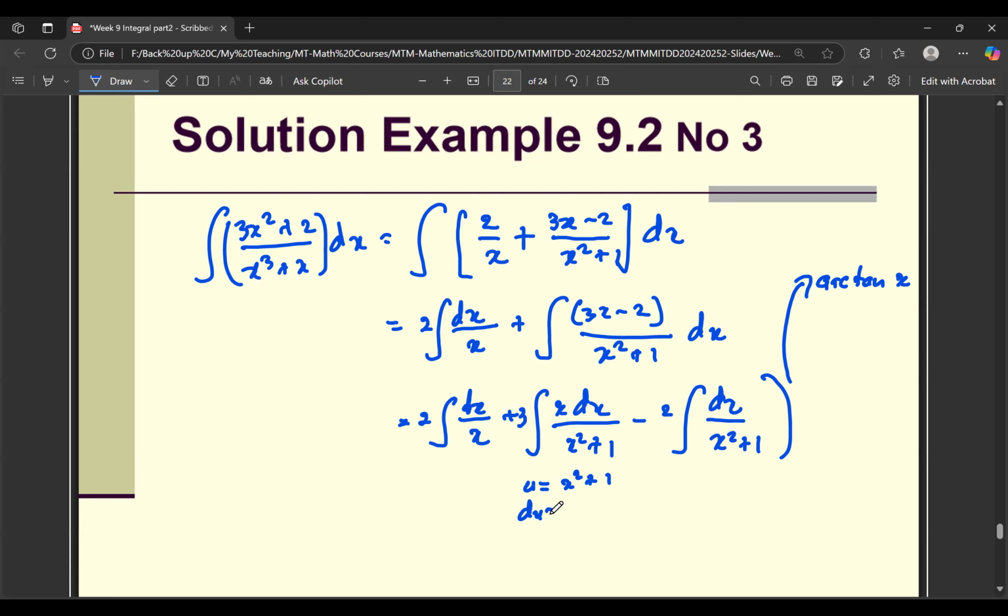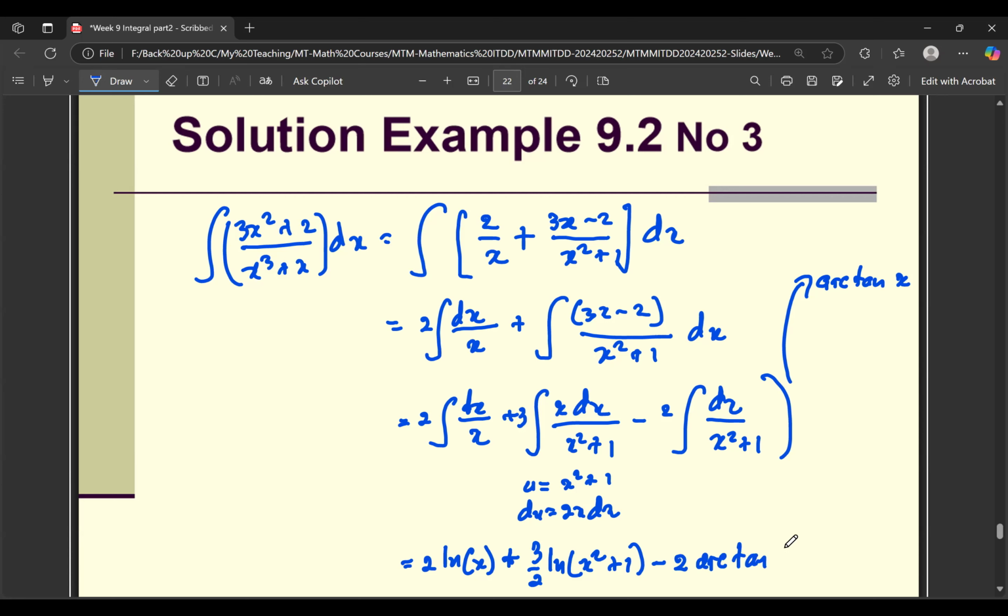Then du is 2x dx, so x dx is half of du. So this will be the natural logarithm of x, and this will be 3 over 2 natural logarithm of x squared plus 1. In the last, we will have 2 tangent x.